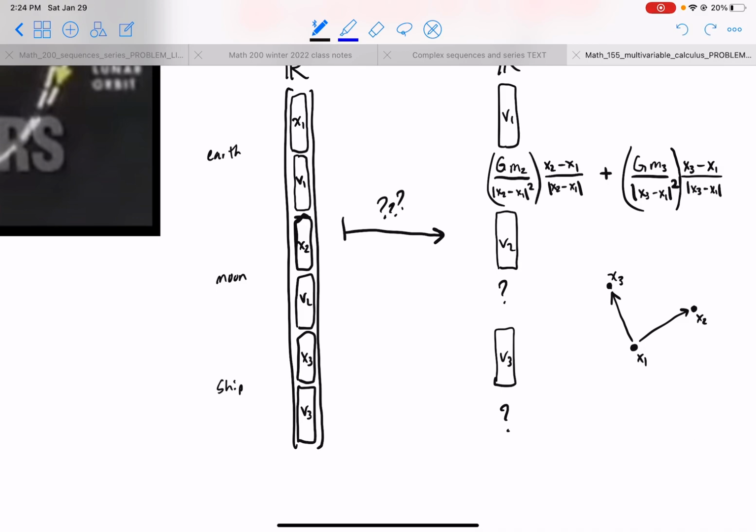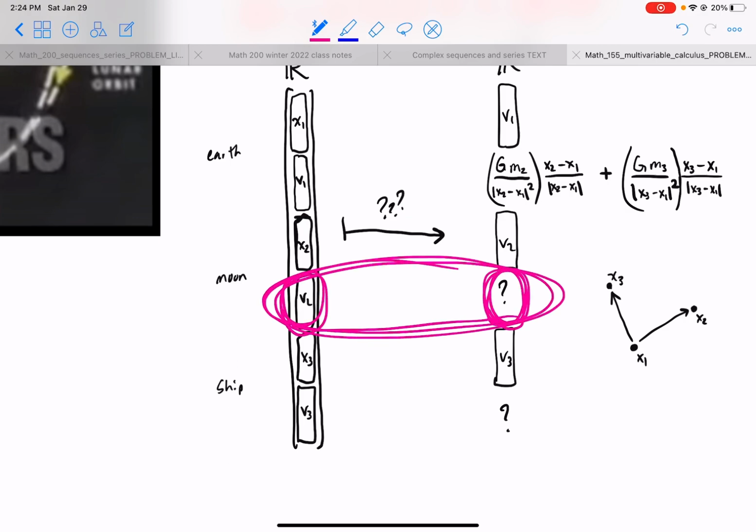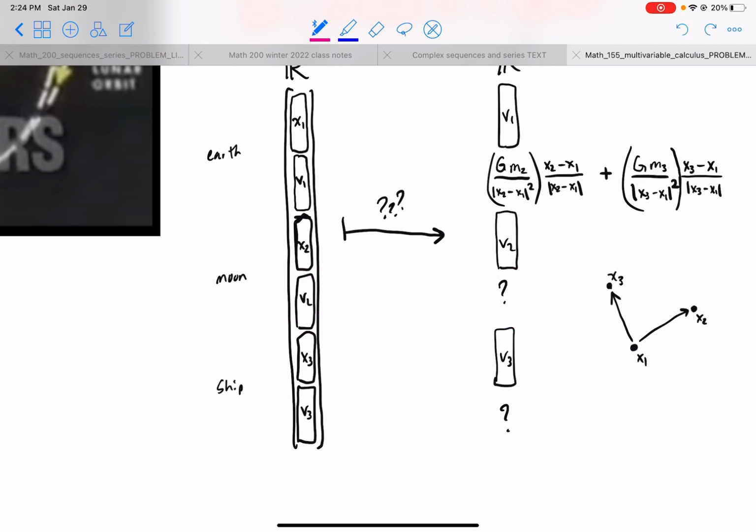Anyway, let's leave it. Now we will look at the moon. How should the moon accelerate? Velocity changes by acceleration, so how does it change? The moon is over here. It will be pulled towards the ship a very small amount, and it'll be pulled towards the Earth a large amount. Now I look at these pink vectors and say, this is not too bad. First, from the Earth, that's x1 minus x2.